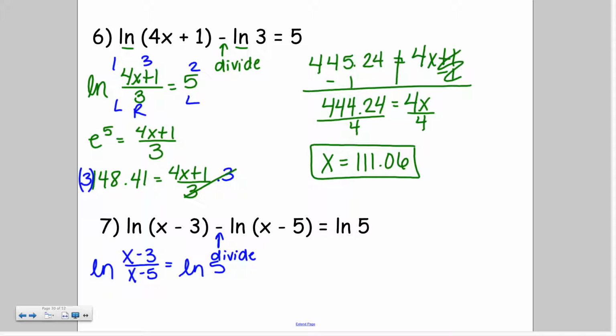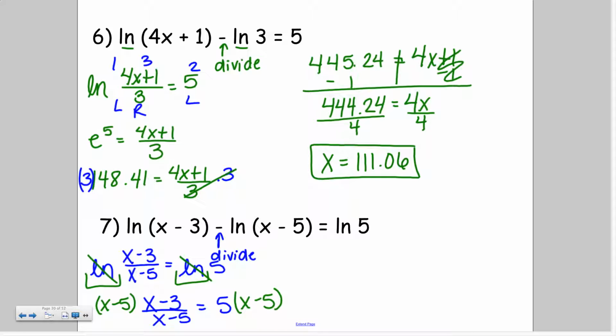All right, so ln is the log base of e. So if we look at this, we have a log on both sides. They match, so we can cancel them out. So we have left x minus 3 over x minus 5 is equal to 5. Now, in order to get rid of that fraction, we're going to multiply by x minus 5 on both sides.